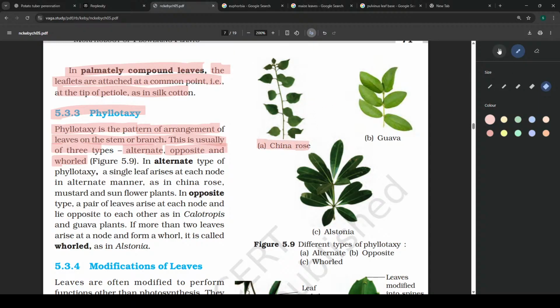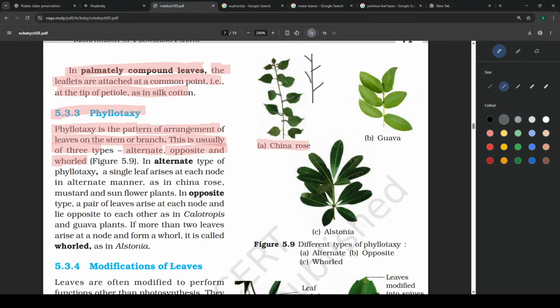What alternate means is, if there is a leaf here, there will be one here, and here, and here. They won't be together, but they will be above each other like floors, but on different sides. Basically, this is one leaf, this is one leaf, this is one leaf, and this is one leaf.